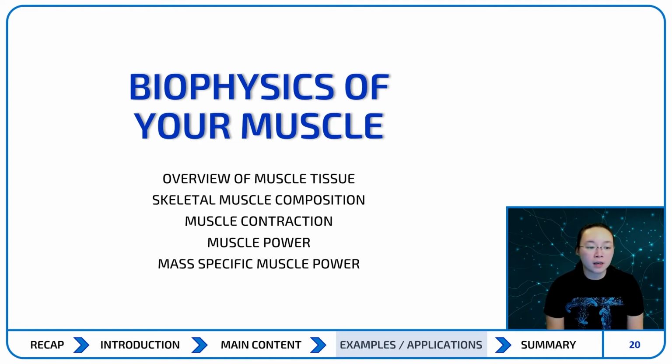Once we have a good overview of the different processes of muscle contraction, then we can move on to taking a look at quantifying muscle power as well as mass-specific muscle power. So that's how much power your muscles can actually provide to a system.